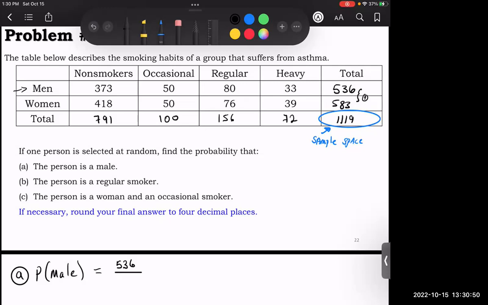So your sample space is 1,119. And if you want to read it out now, put it all together, the probability that the person selected is a male, or a man, is 536 over 1,119.